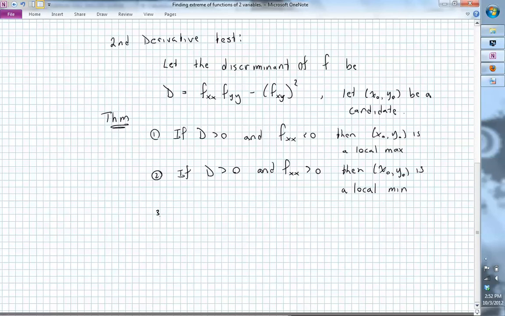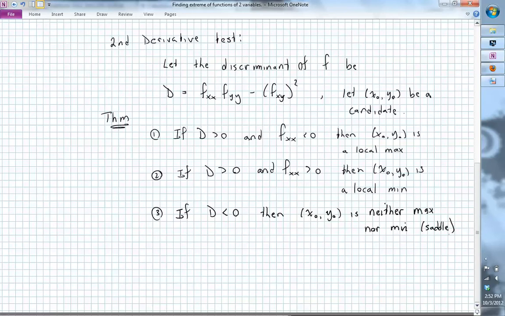Third possibility. If D is less than 0, then no matter what, the point is neither a max nor a min, and some call this a saddle point.